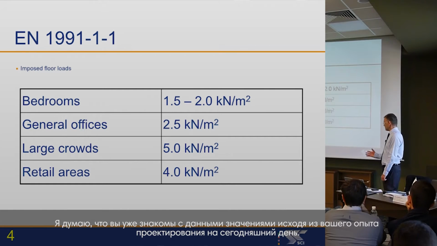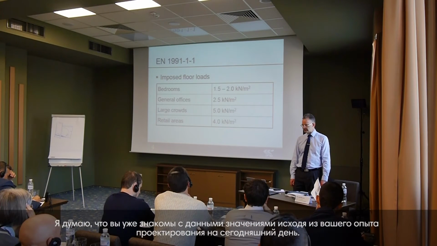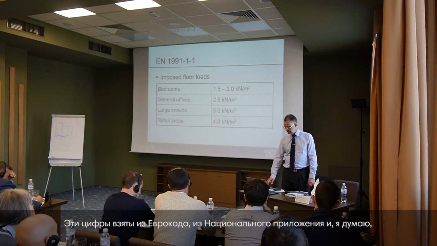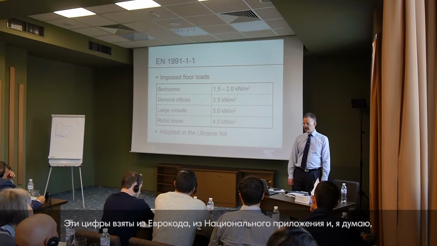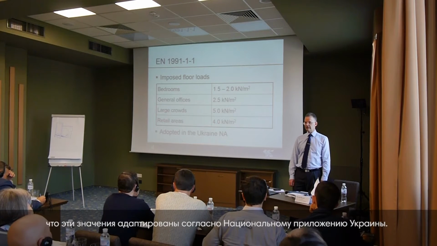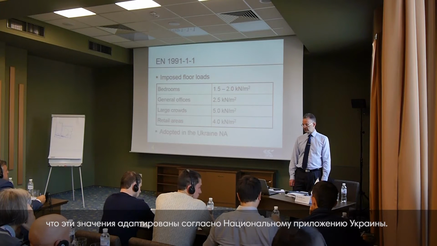So I would imagine that these sorts of figures are familiar to you from your current design practice. Those figures are from the Eurocode, and as I read your national annex, I think those figures are adopted by the Ukraine national annex.